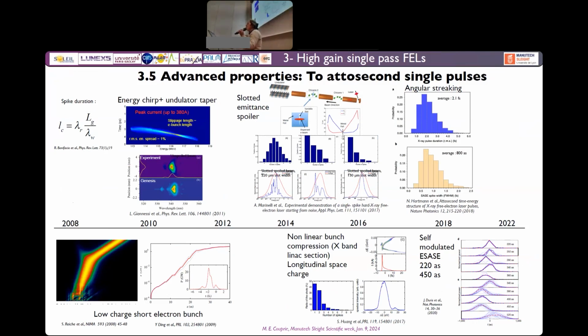One can also try to select only a portion of the electron beam by degrading one part of the transverse electron beam, which is called an emittance spoiler. That's a way to get a single spike from a short electron bunch. Or one can play with angular streaking, by putting constraints on the angle of the radiation.